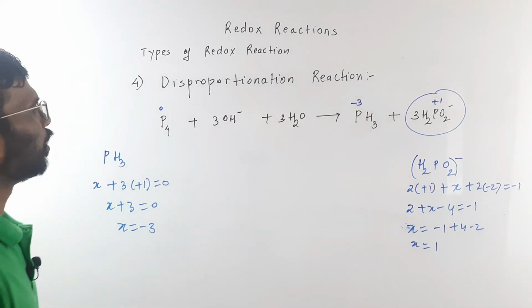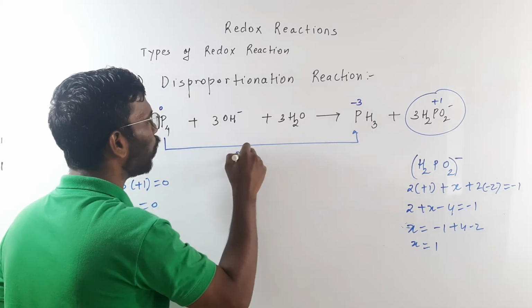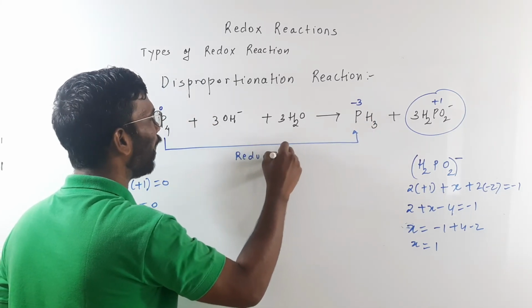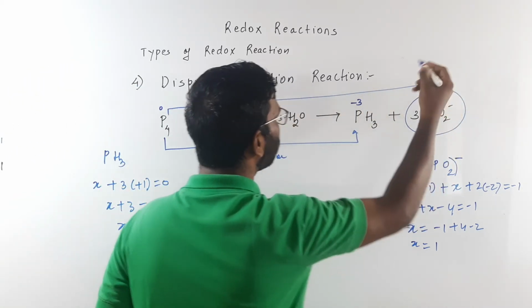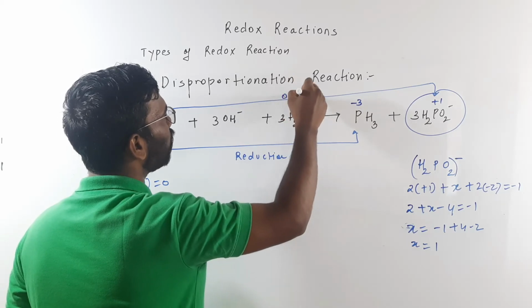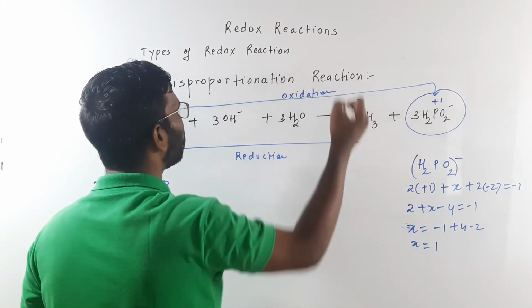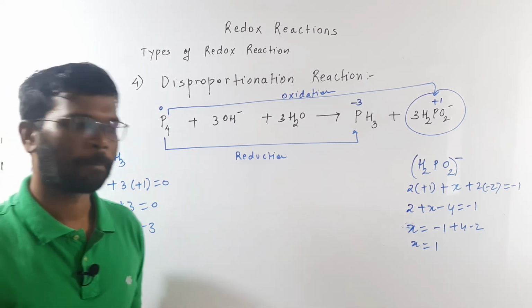So what has happened? The phosphorus has gone through a reduction, right? And in the same reaction, phosphorus has also formed a product where there is an oxidation of the phosphorus. So this type of reaction is called a disproportionation reaction.